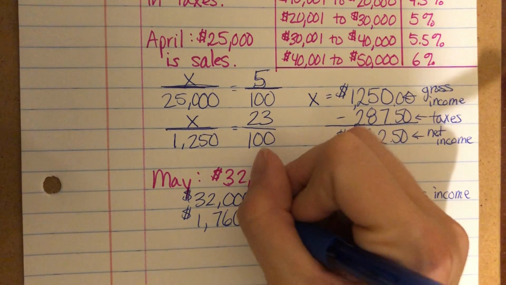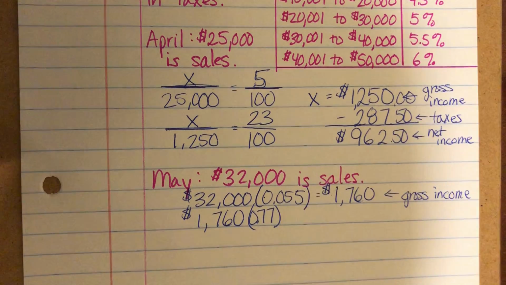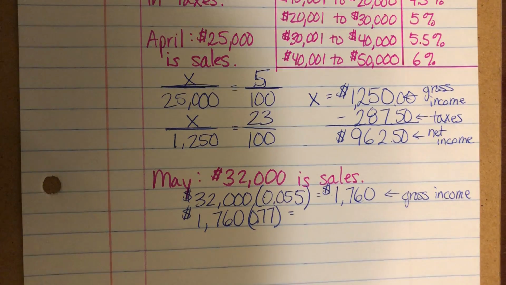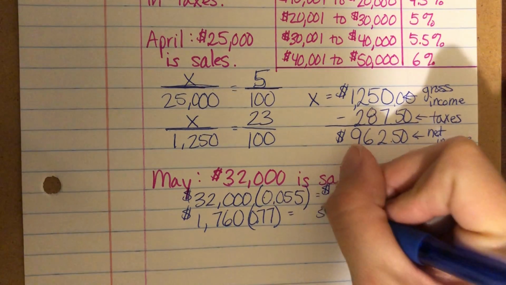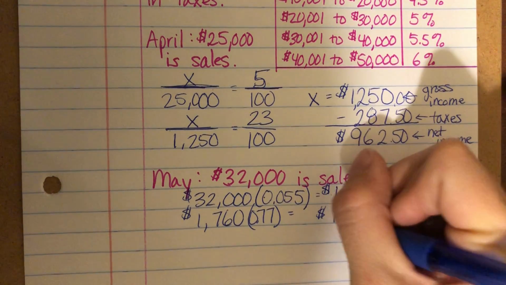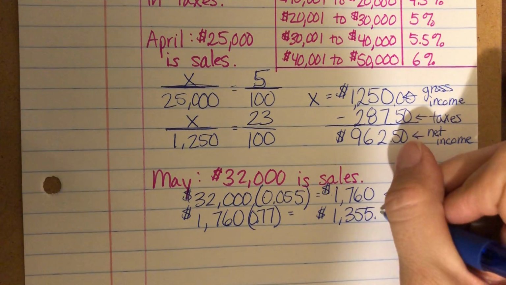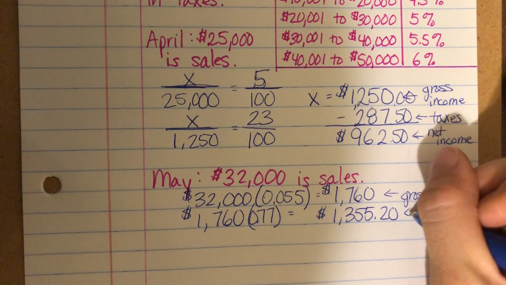So I'm gonna change that into a decimal, so 0.77. Okay, so I'm gonna use my calculator here. Do 0.77. Okay, so it looks like her net income is gonna be $1,355.20.